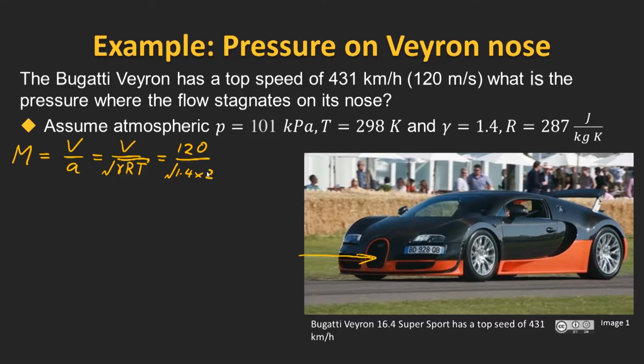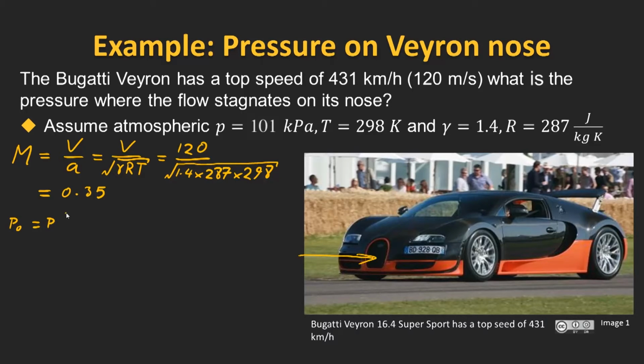The gas constant is 287, and our temperature of the atmosphere is 298 Kelvin. If we go ahead and plug this into a calculator, we're going to find that our Mach number is 0.35.